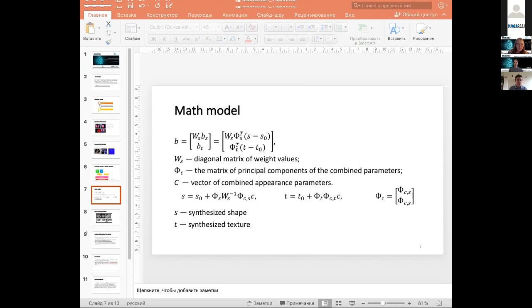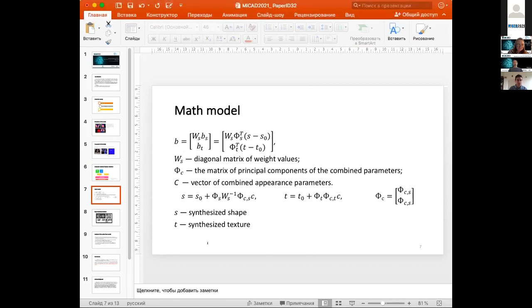For each element of the training sample, the texture-shape pair, its vector b is calculated. Then the resulting set of vectors is combined into a matrix, and its principal components are found. In this case, the synthesized vectors of combined shape and texture parameters are defined by the following expression.